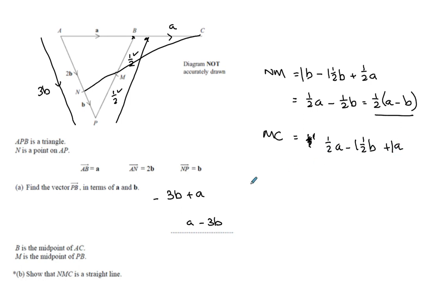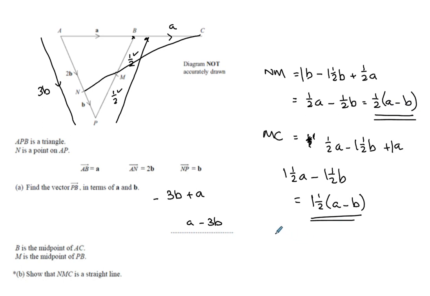So you've got half plus 1 is 1.5 A minus 1.5 B. And then when you factorize, they have 1.5 in common, and then A minus B. And then you can tell they've got the same root.